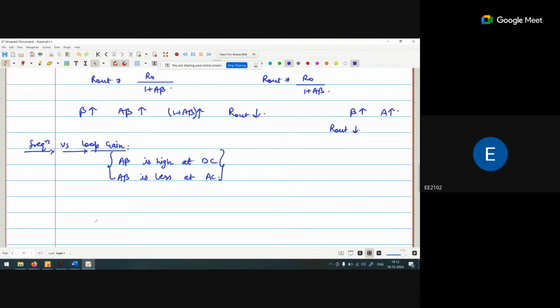Initially, we assume that R1 and R2 are both purely resistive. If both are purely resistive, no effect of frequency will appear.